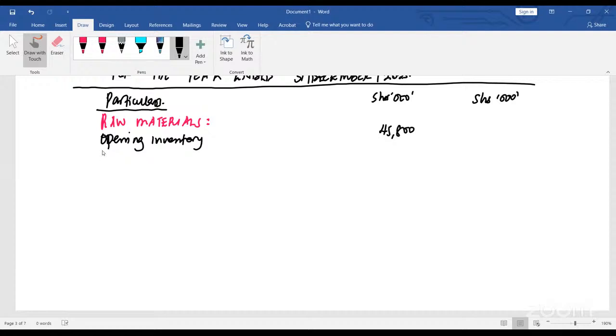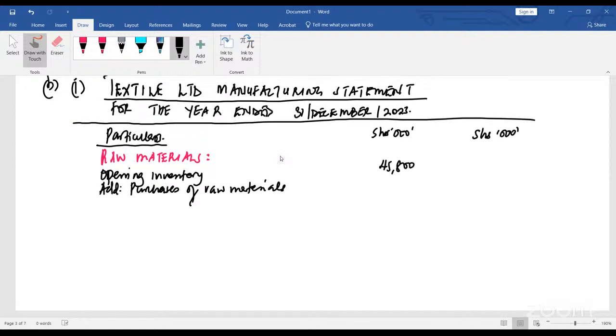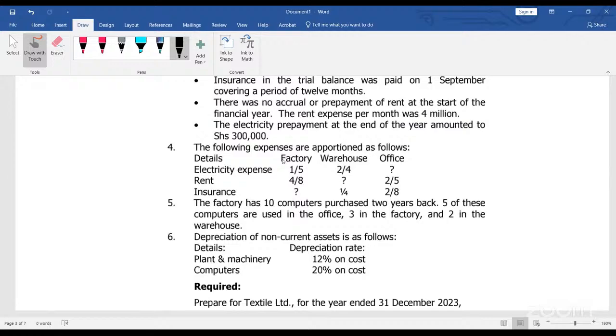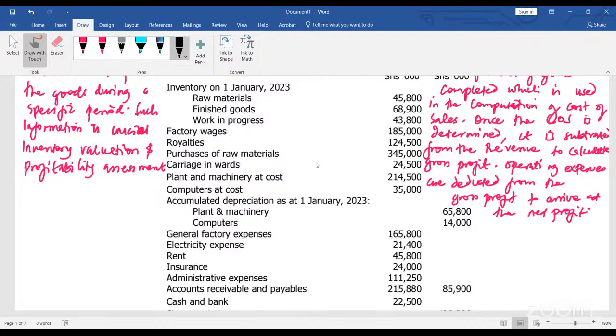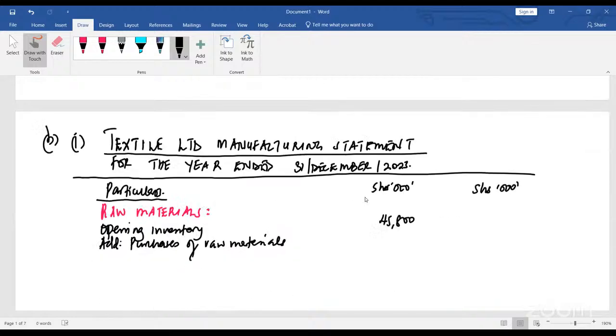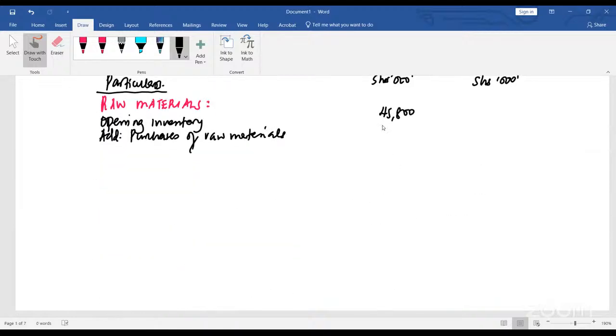Those are purchases of raw materials. You get them from the trial balance, that is 345 millions. That is the purchase of raw materials.